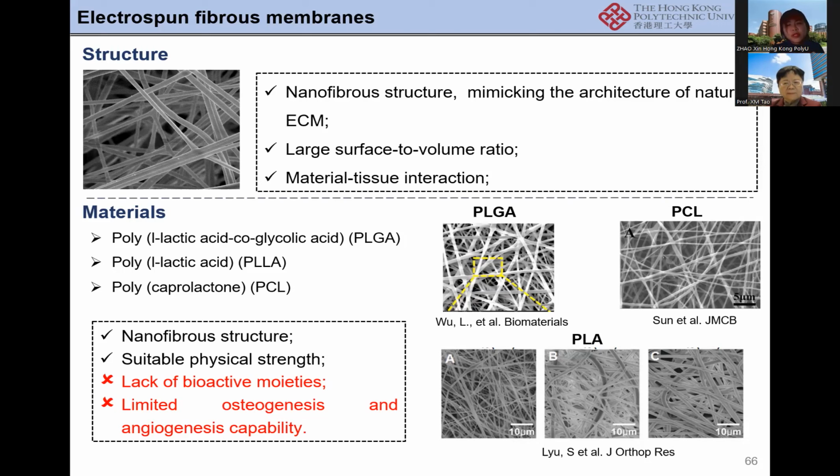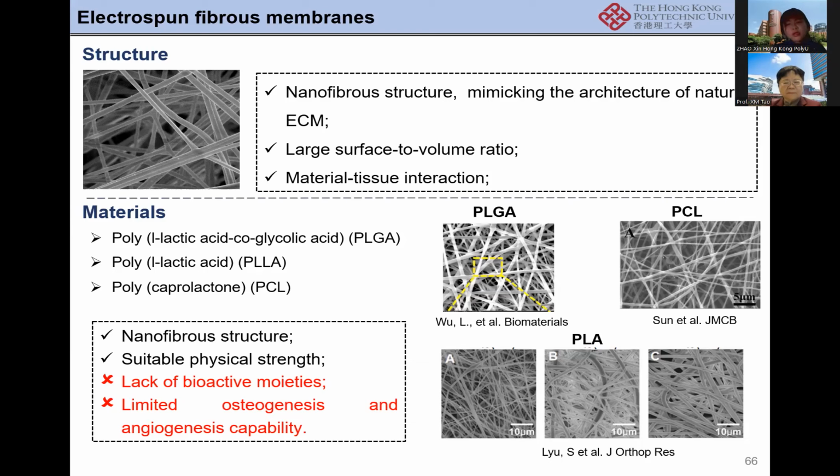So this is the nature of the photo-crosslinkable materials itself. Because they are initially liquid, we can change the viscosity, and we can make them hydrophobic or hydrophilic. So we can give the materials a lot of different applications.